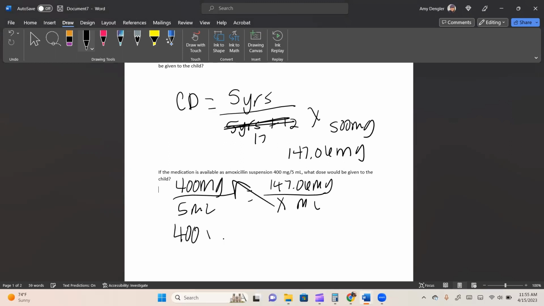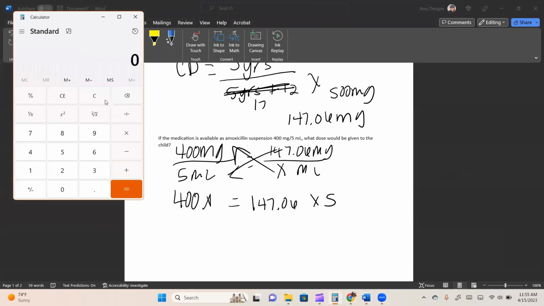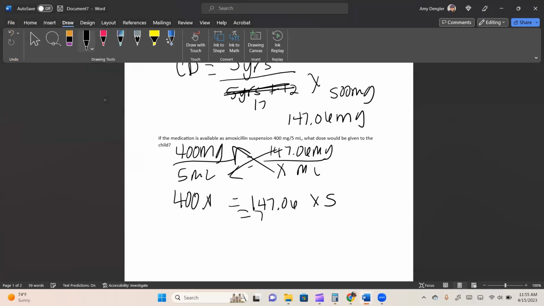So 400x is equal to 147.06 times 5. So we're going to take care of that multiplication first, which is 735.3. And then we want to get x alone, so we need to divide both sides by 400.